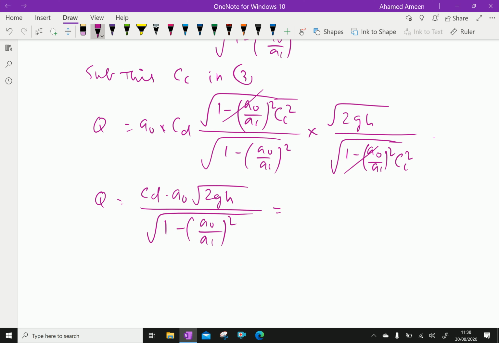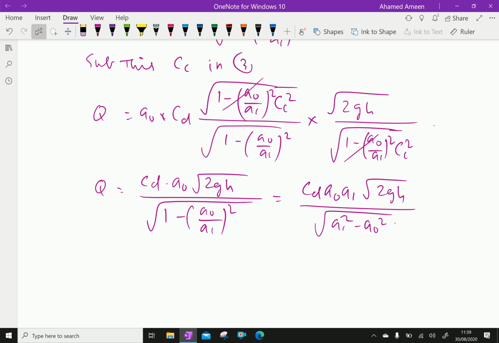Further simplification, take A1 squared as LCM, A1 squared minus A0 squared, like that it comes: CD A0 A1 square root of 2gH over the square root of A1 squared minus A0 squared. This is the final expression.